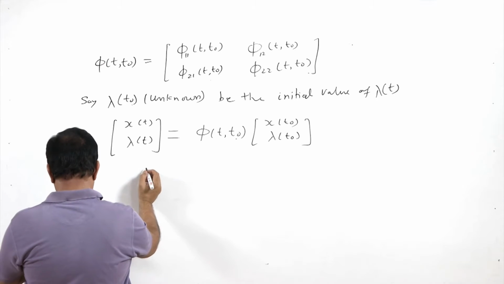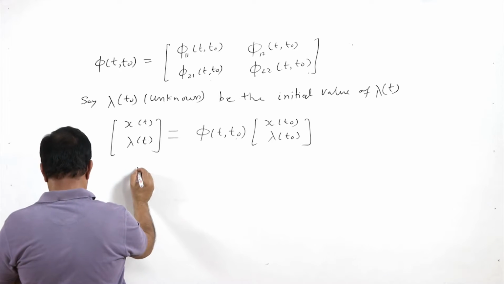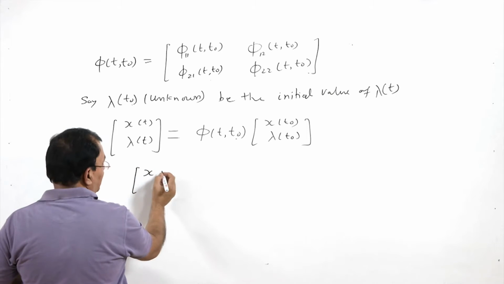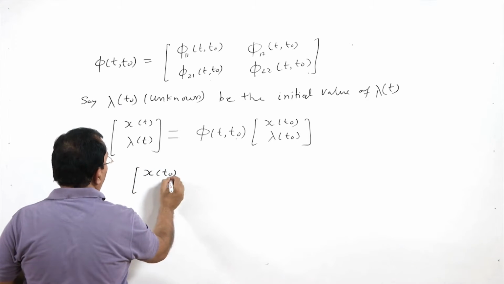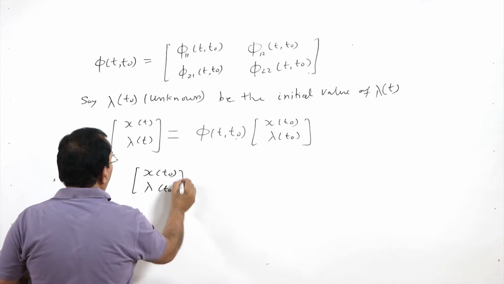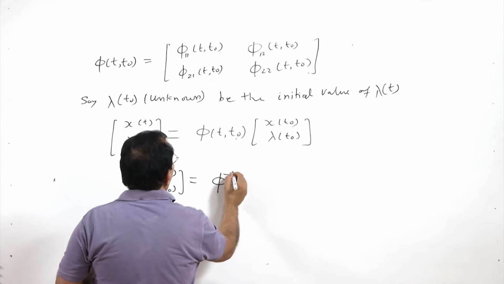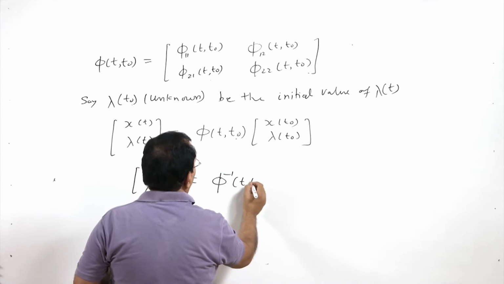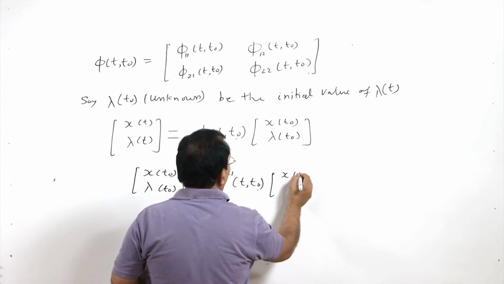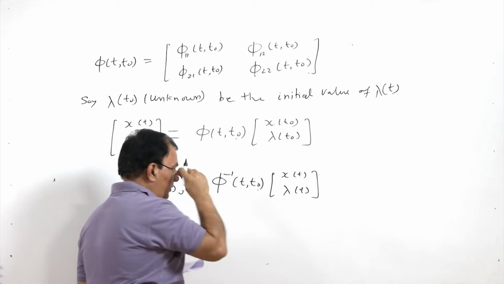By this, if I determine the initial condition x of t0, lambda of t0, it is nothing but phi inverse t, t0 multiplied with x t, lambda t.